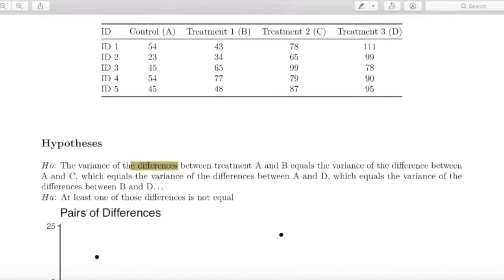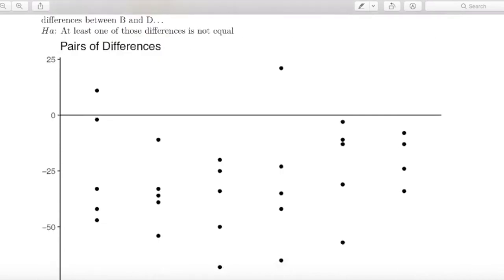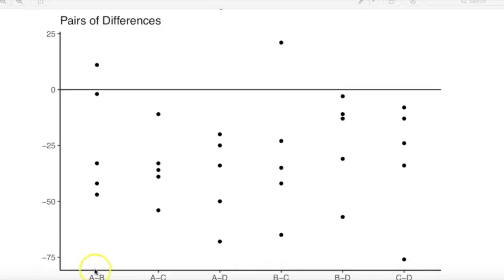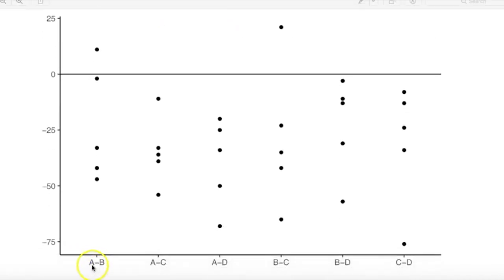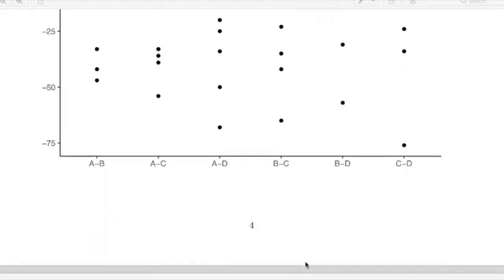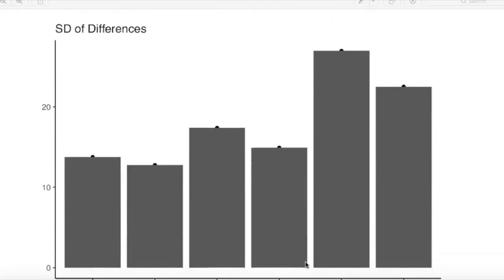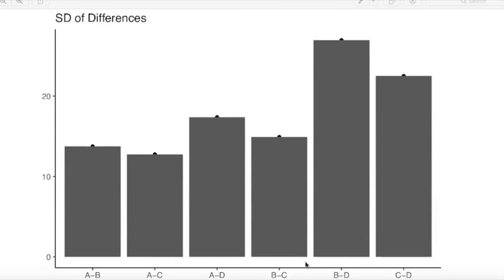So I went ahead and graphed the pairs of differences. On the x-axis, I have the difference between A and B, A and C, and so on. And you can see there are quite a few that are different. Then I also graphed the standard deviation of the differences.